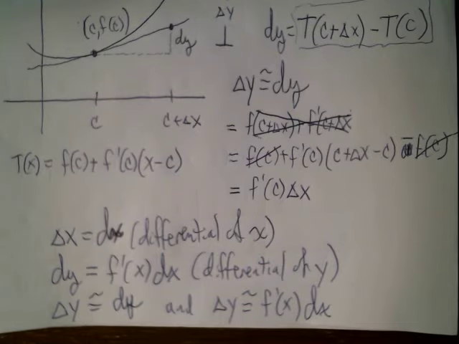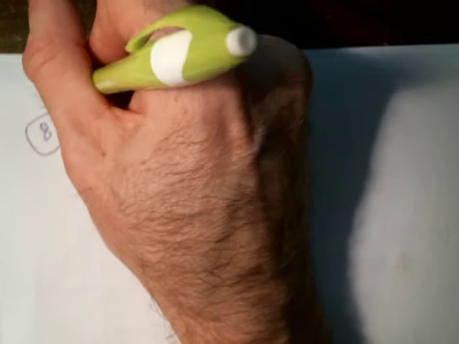Okay, so let's look at some of the problems in the book that are associated with this issue. Number 8, they want us to compare delta y and the differential of y.